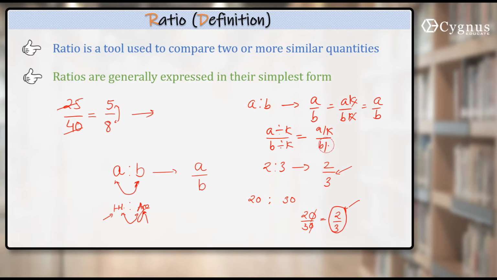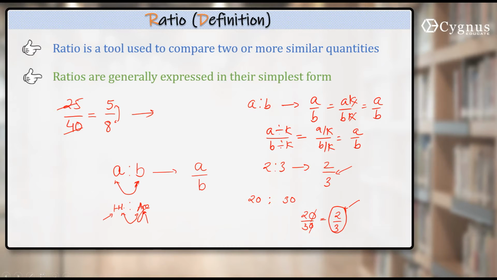A by K over B by K. K will be cancelled out. We'll be left with A by B. This is the property of a ratio. What is it? If you multiply the numerator and denominator of a ratio by the same number or divide them by the same number, the ratio remains unaltered. It will remain the same. The value is not going to change.